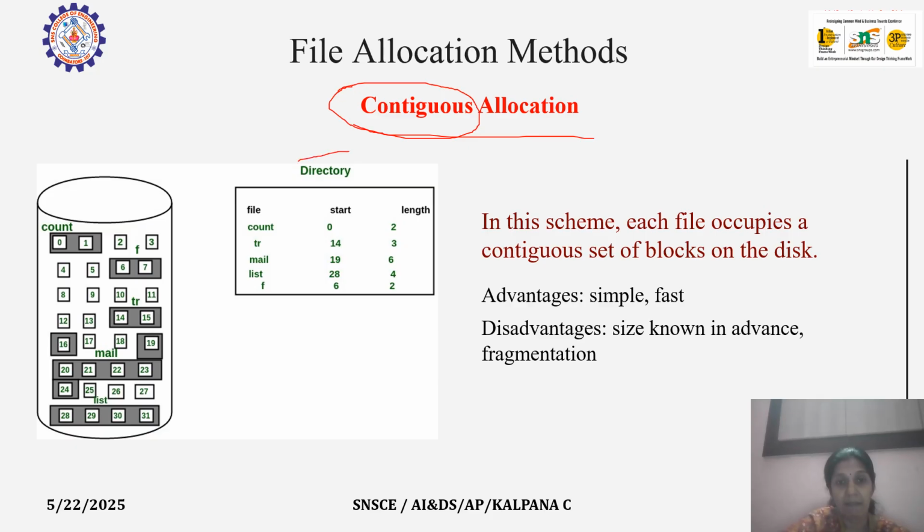Let's see an example. We have a directory which contains the file name, the starting address and the length. The start provides the starting base address of the file, and the length indicates the size of the file, which means how many blocks this file requires to store in disk.